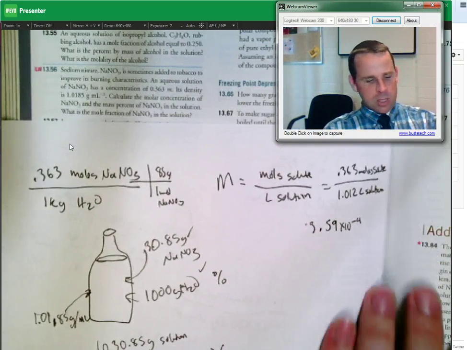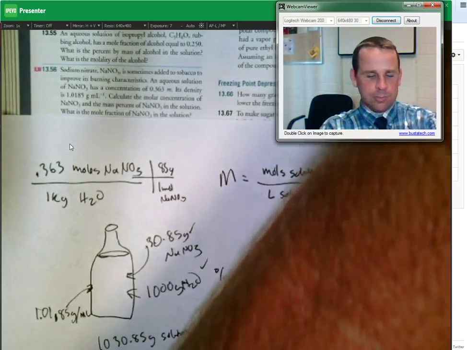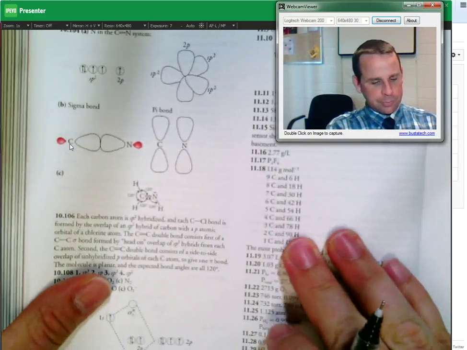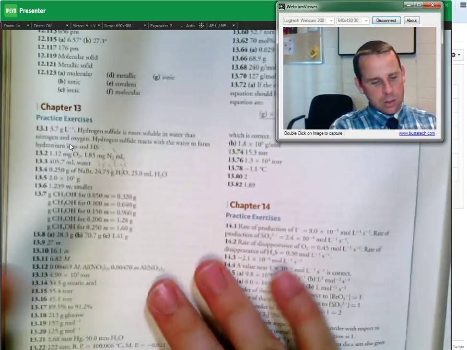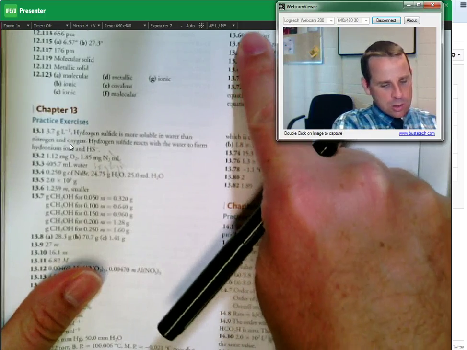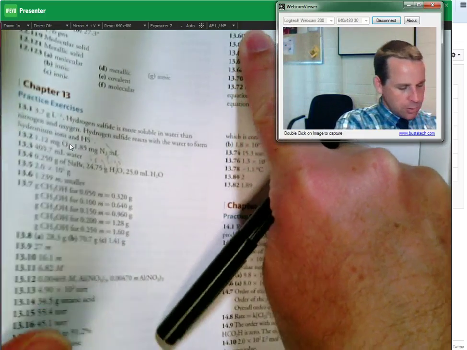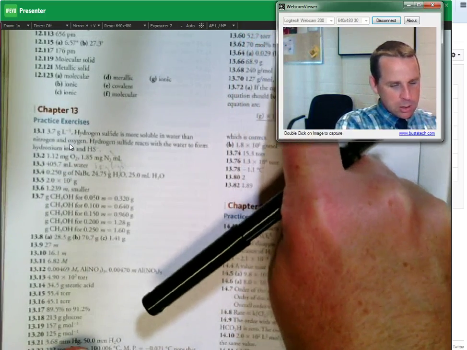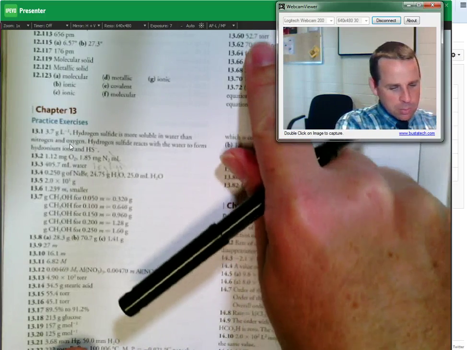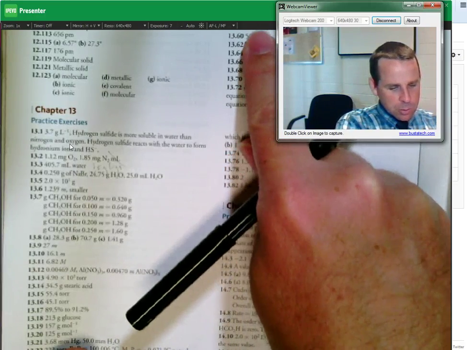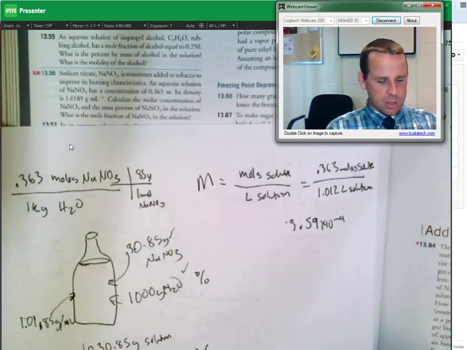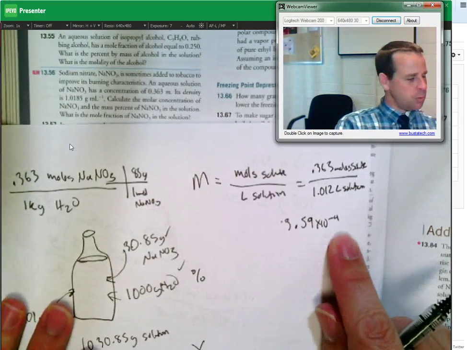Let's see if we got the right molarity there. 1356, 0.359. Oh, I must have missed something there. 0.359 times 10 to the minus 4. What did I do here?